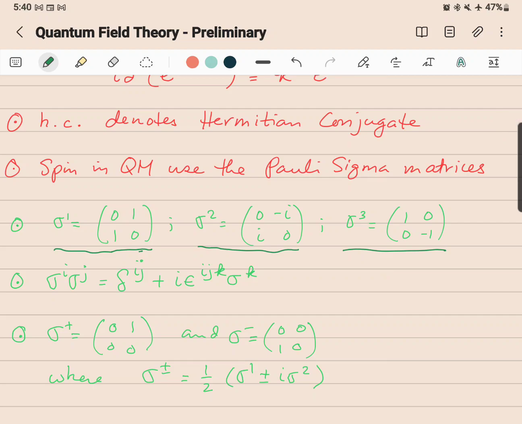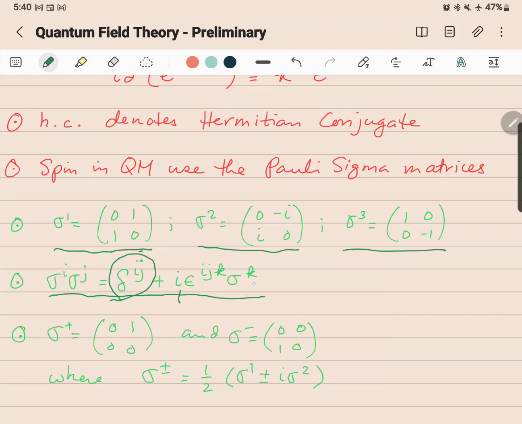So the relationship between the two sigmas is represented by this one. You have a Kronecker delta ij that is just equal to 1 when i and j are equal, but 0 if they are not. And then the i here is just equal to the square root of negative 1. The i, j, and k here are running from 1, 2, 3.